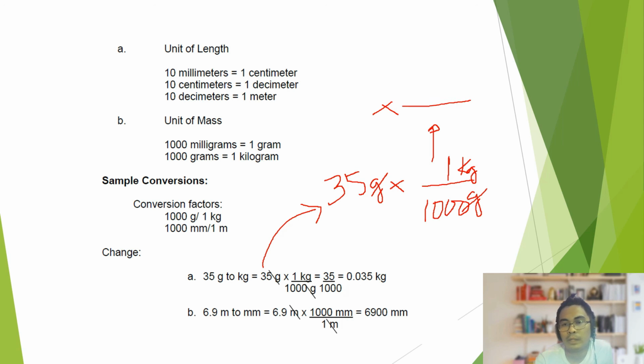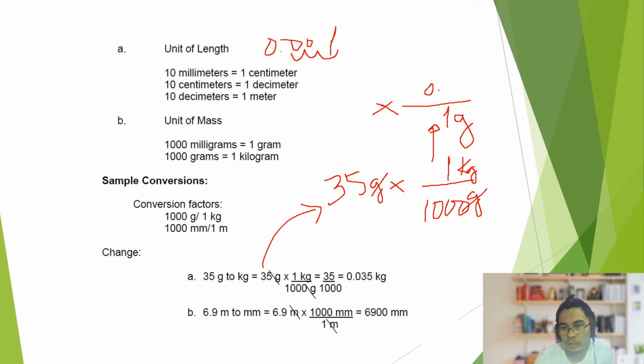Or pwede din ang conversion factor natin dito is the other way around. Wherein, di ba, pabaliktad, na sa isang gram ba, ilang kilogram ba meron? Okay? So, actually, gagalaw ka lang ng tatlo pabalik. So, that's 1, 2, 3. So, that will give us 0.001.